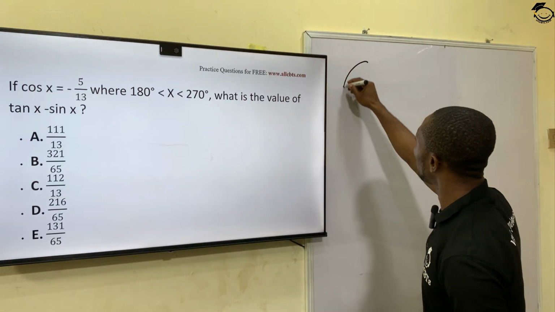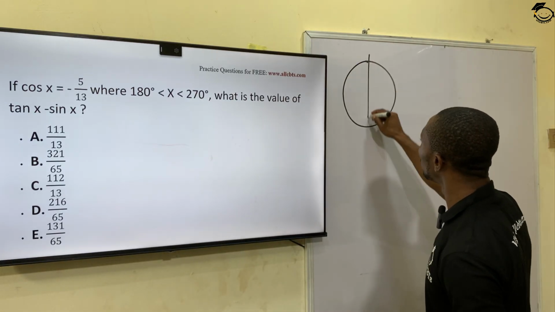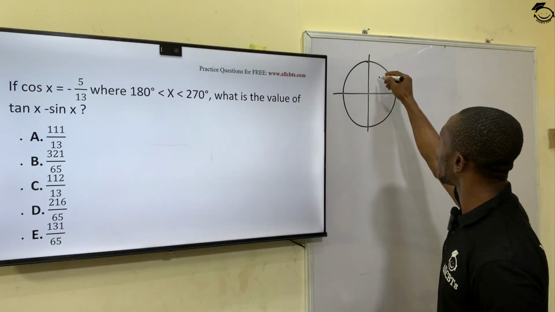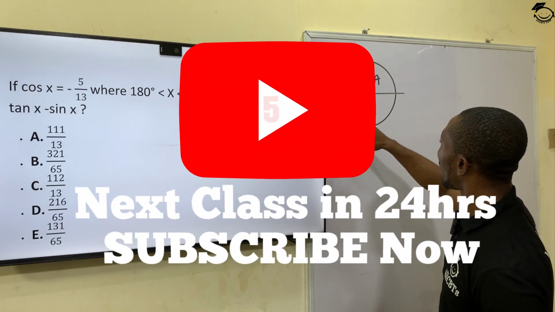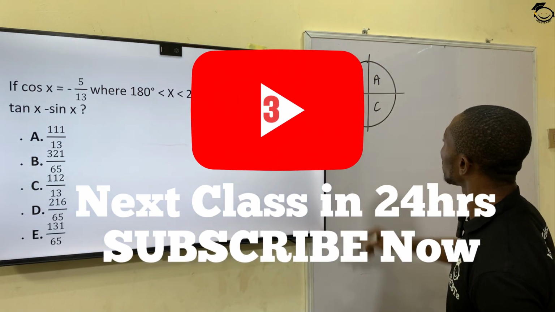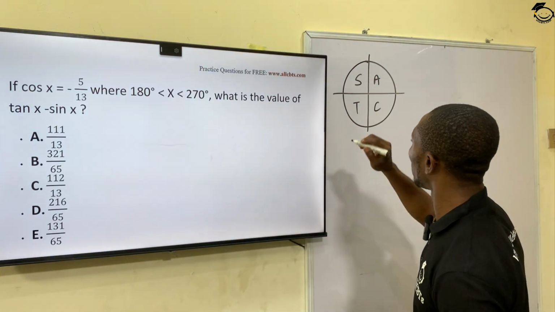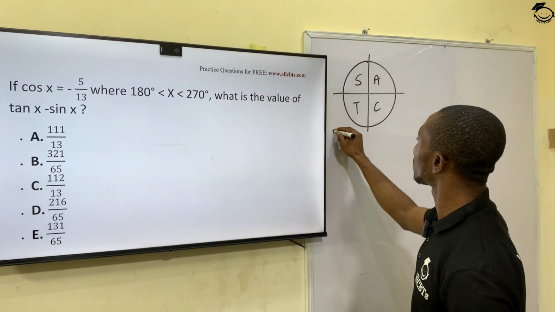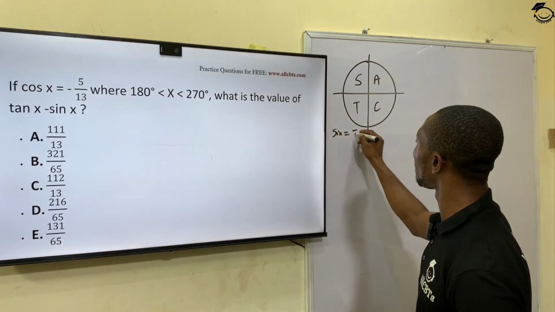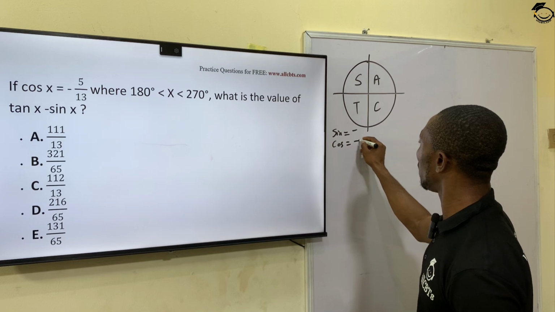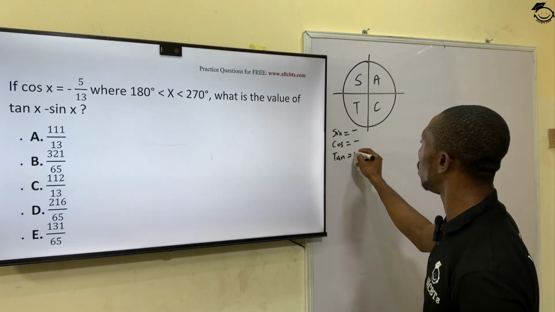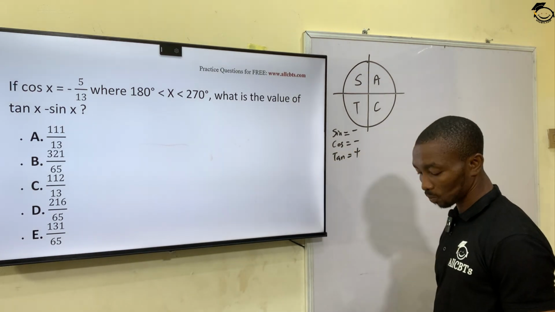Now, following our quadrant rule, where we have all, sine, tan, and cos: since x is in the third quadrant, sine is negative, cos is negative, but tan alone is positive.